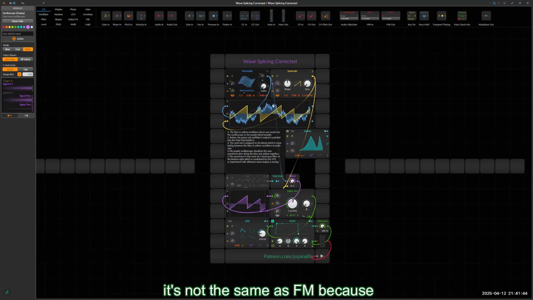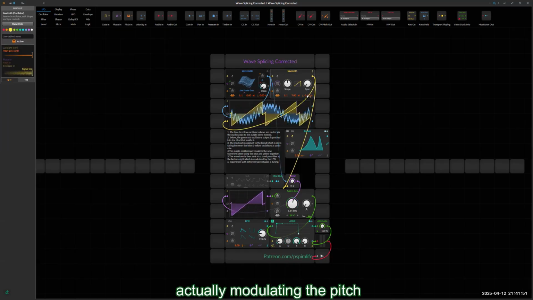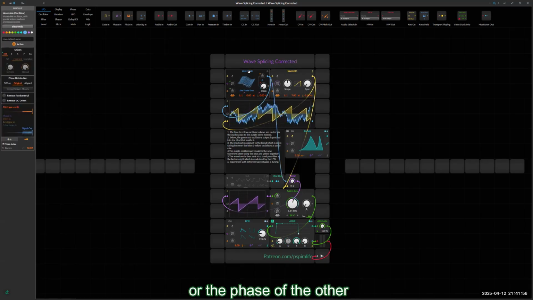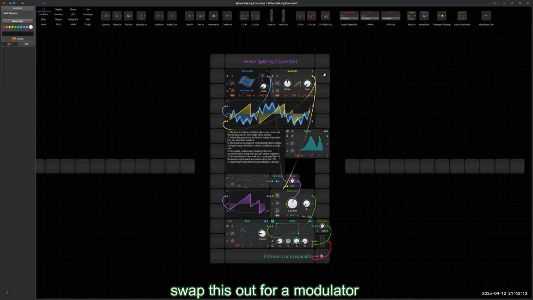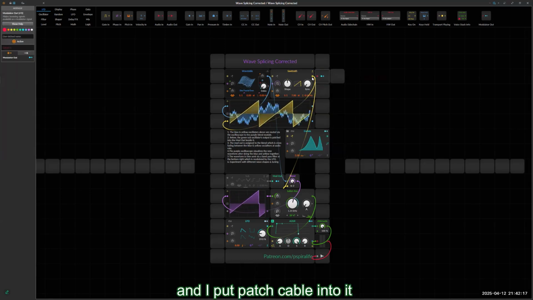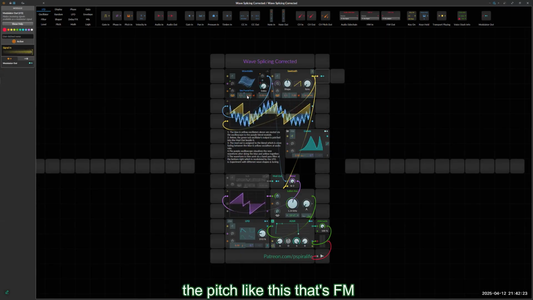It's not the same as FM because neither of the oscillators are actually modulating the pitch or the phase of the other. For FM, if I swap this out for a modulator, put a patch cable into it, and modulate the pitch like this, that's FM.